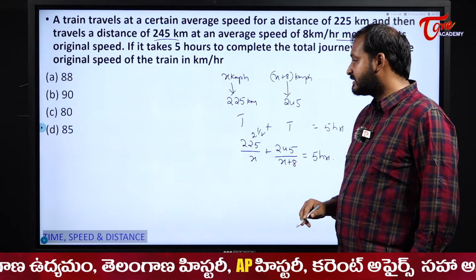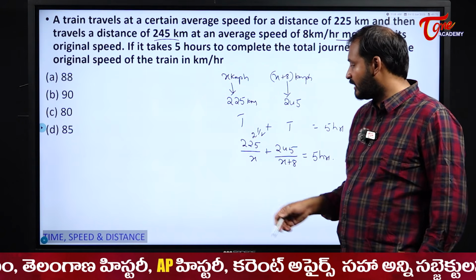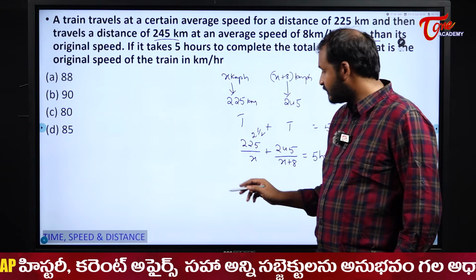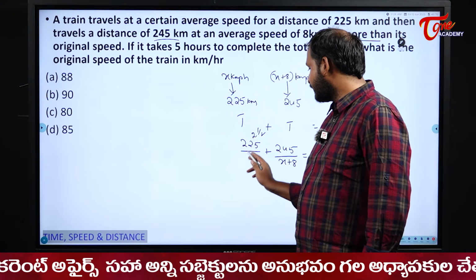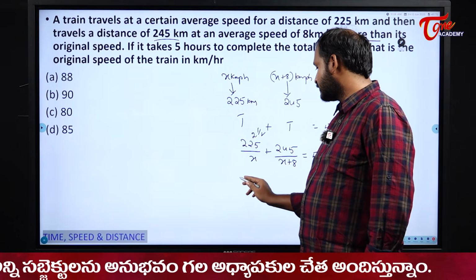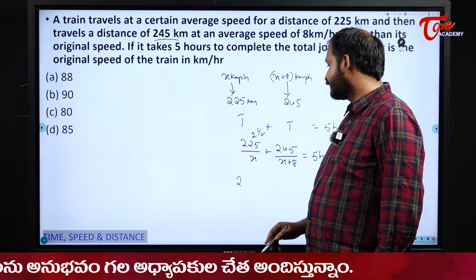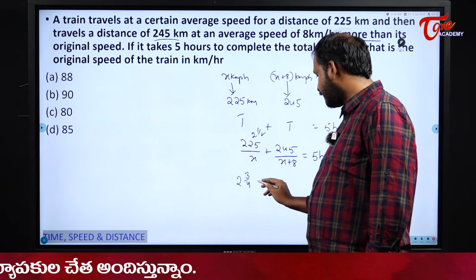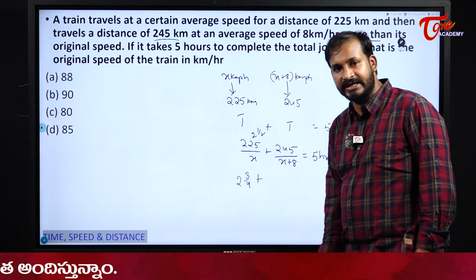Let us take the answer as 80 for the time being. If I take 80 here, what is the time I will get here? Approximately 225 by 80 means 2, 45 by 60 means 2, 3 by 4 hours, plus 245 by 88.